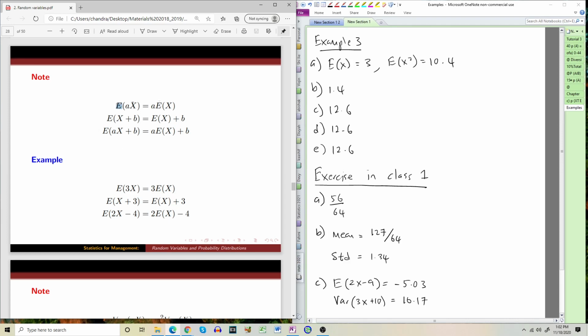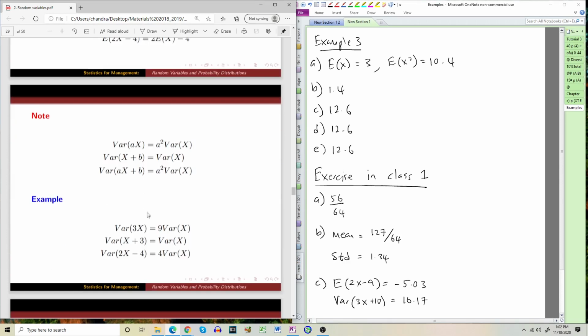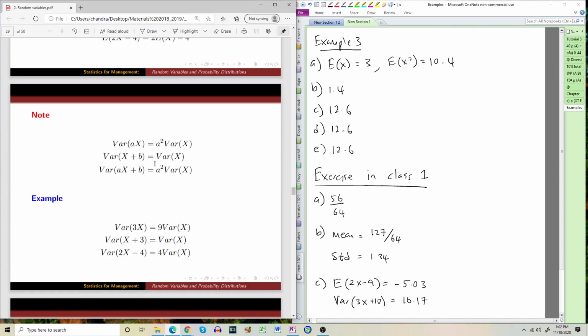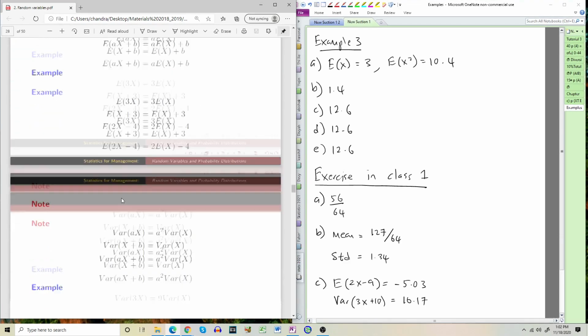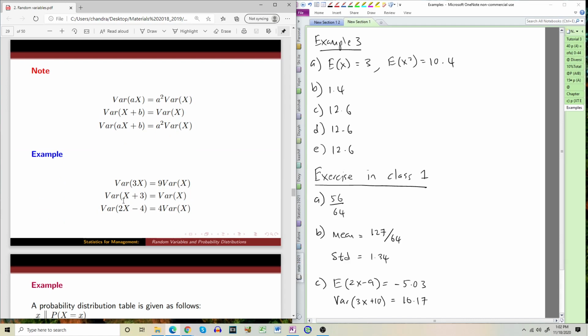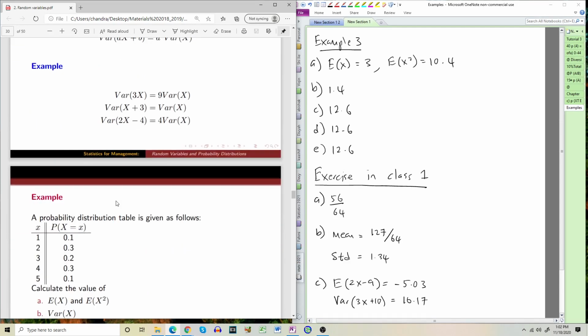I have given notes and an example here. Refer to these two slides and try to do these exercises. If you cannot get the answer, you can ask me in the next class or by sending the question.